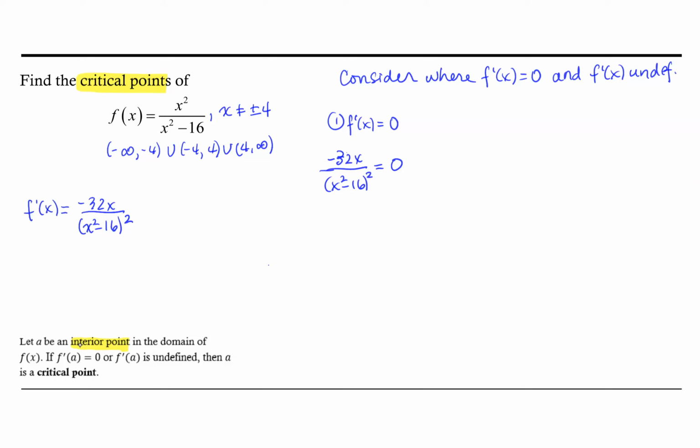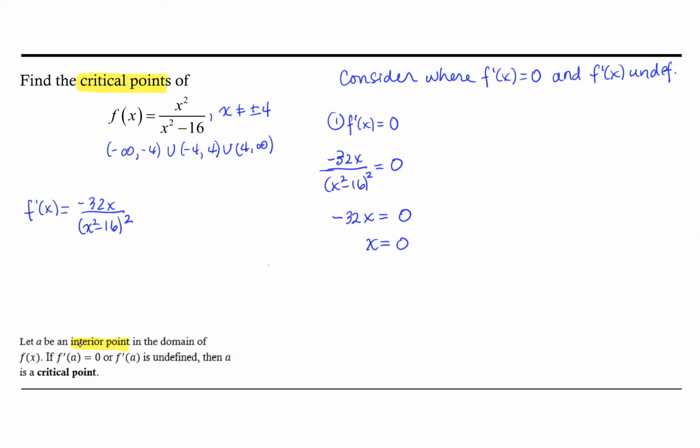And on the right-hand side, that's going to be multiplied by 0, and so that will end up being 0. And on the left-hand side, that will simplify to be a 1. And so we'll have negative 32x equals 0. I can then divide both sides of this equation by negative 32, which gives me x equals 0.